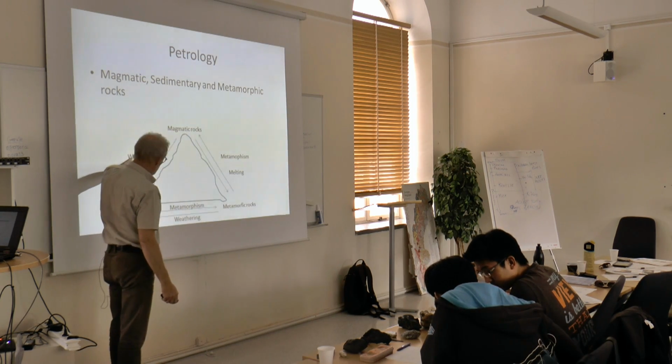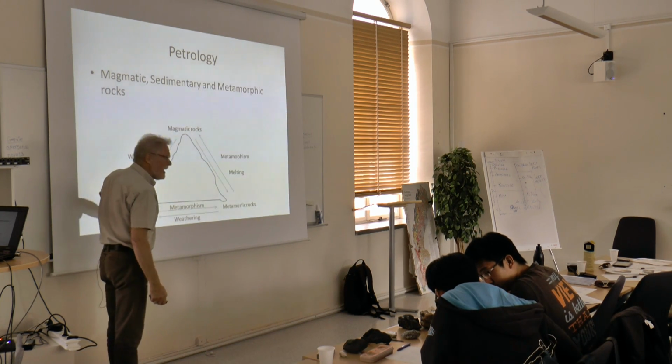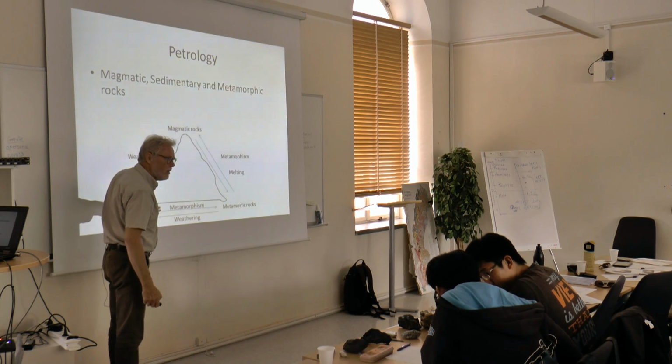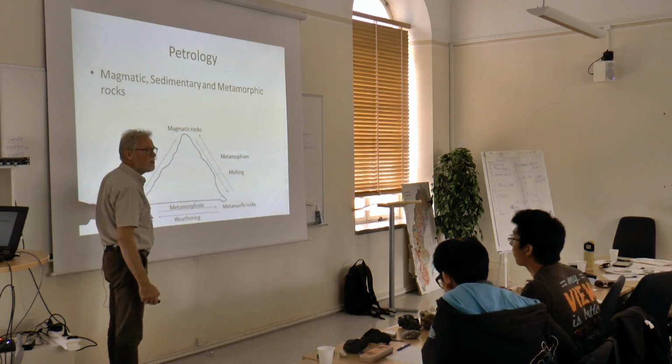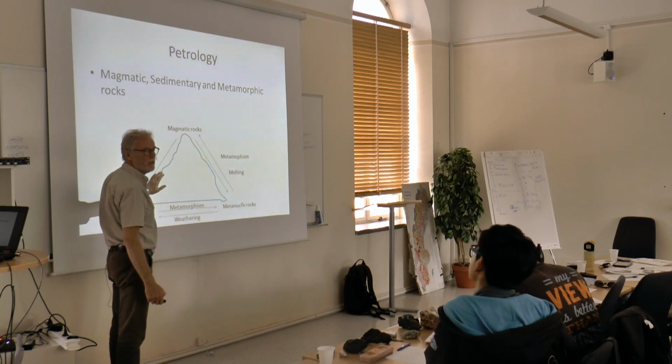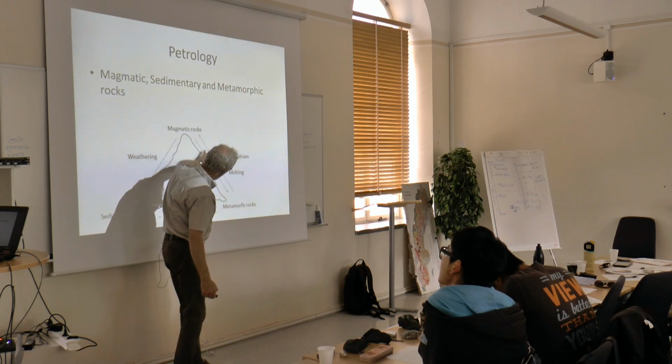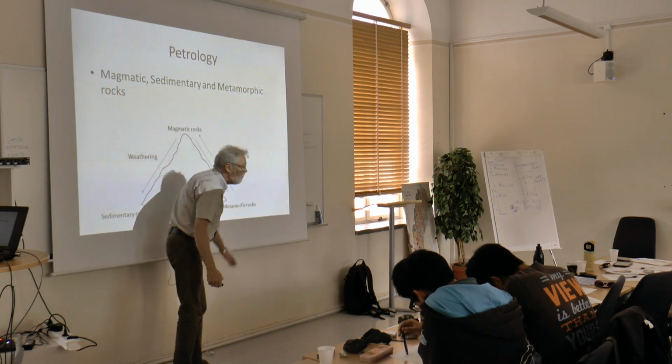We have weathering. And the weathering creates these sedimentary rocks. You know, there will be some slates, some sandstones, some limestones, and so on. And besides magmatic rocks, we also have metamorphic rock.